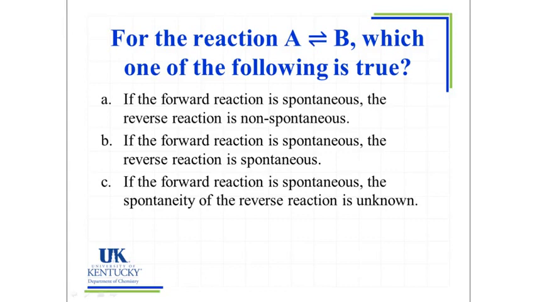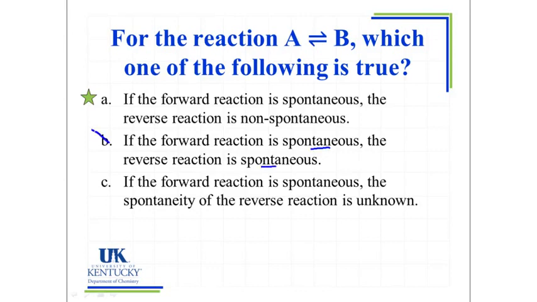Let's look at an example. Given the reaction A in equilibrium with B, which one of the following is true? A is the only possible answer. If the forward reaction is spontaneous, the reverse reaction is non-spontaneous. If we look at B, it says the forward is spontaneous and the reverse is spontaneous.